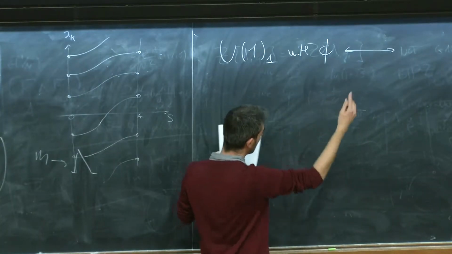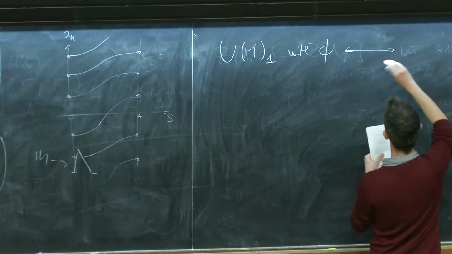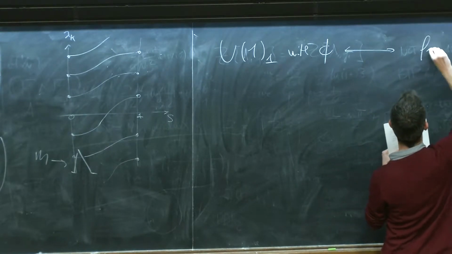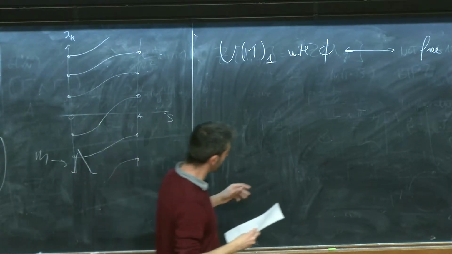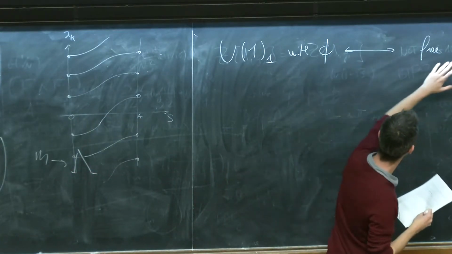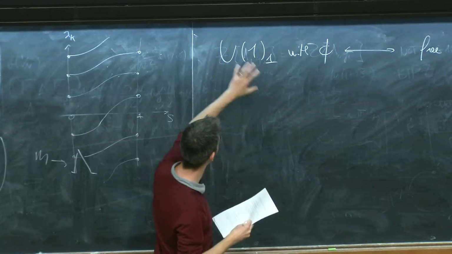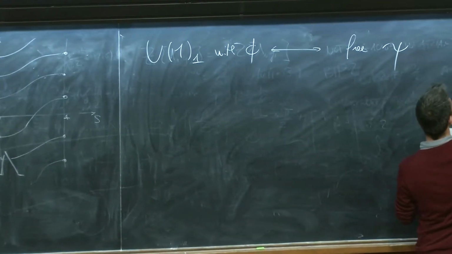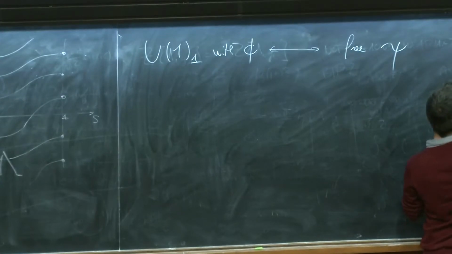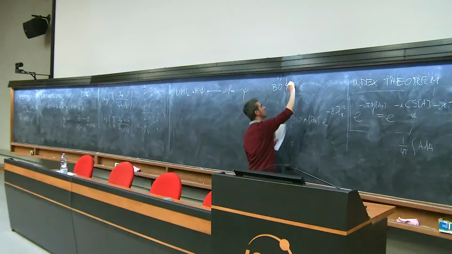In fact, the claim of the duality, the conjectured duality, was that in the infrared it is just a free fermion. Okay? So this was the claim. So in particular we can bosonize a free fermion in terms of this Chern-Simons theory. This is essentially three-dimensional bosonization.